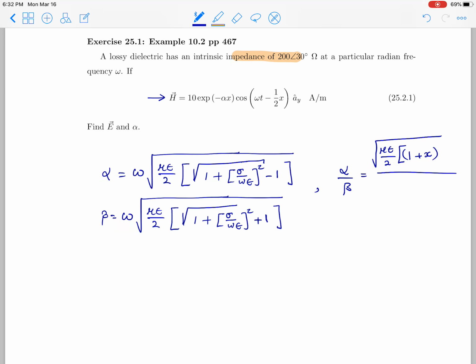Let me call this parameter x. I'm not giving myself enough space, so let me write it here.